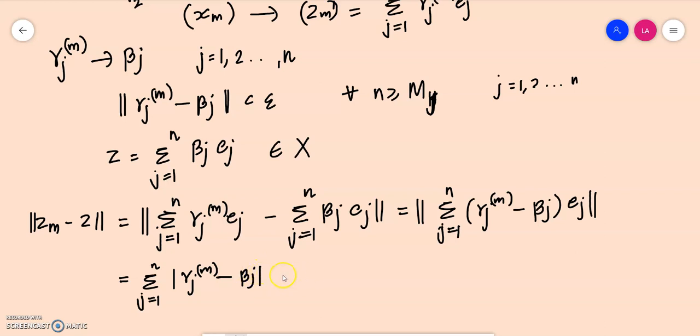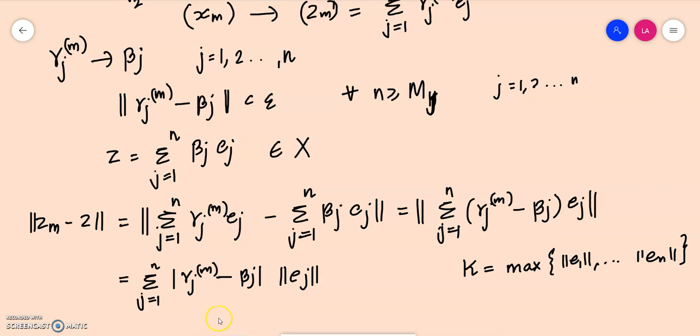For convenience, I take k as the maximum of the norms of e_1, e_2, etc., e_n. This is a finite set, so there should exist a maximum.